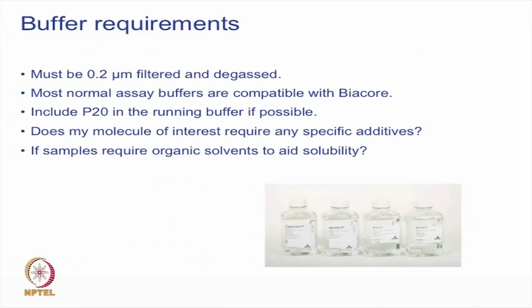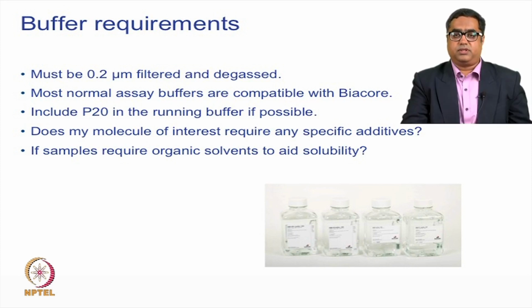The running buffer or sample buffer is a very important area that we need to understand a little bit here. Buffers have to be filtered and thoroughly degassed, and many of the machines have a degasser and a filter available in the system, but we can also filter and degas them prior to experimentation.